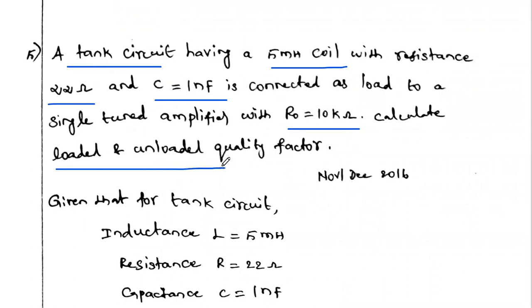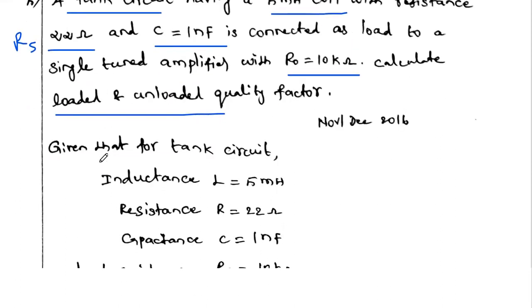Calculate loaded and unloaded quality factor. Okay, so here for one tank circuit, L value given, C value given, series resistance RS is given, load is given. Okay, calculate the loaded and unloaded quality factor.